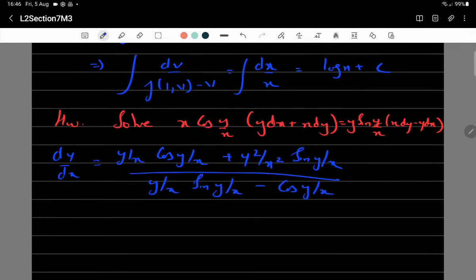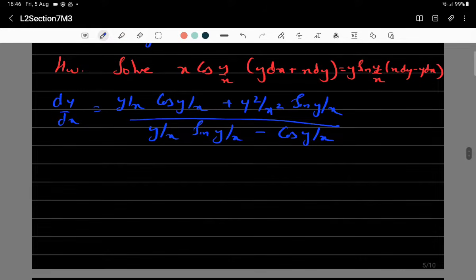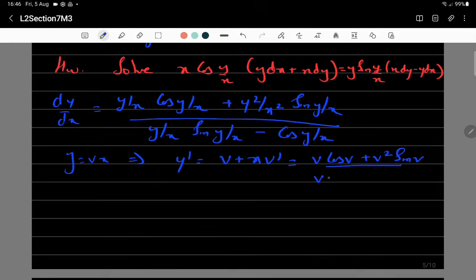It means it is a special case or direct case of the equation reducible to variable separable by substituting y is equal to vx, which is the same as y dash is equal to v plus x v dash, which is equal to (v cos v plus v square sin v) divided by (v sin v minus cos v).